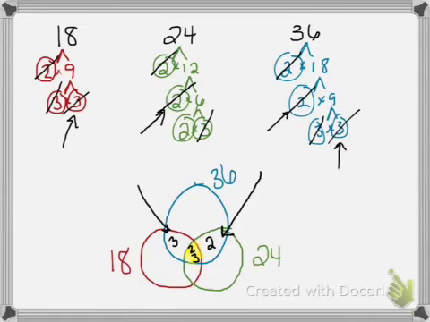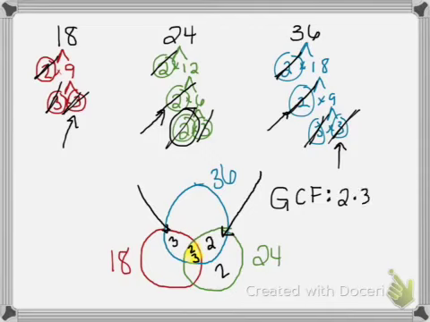And I've crossed off all my prime factors for 18, all my prime factors for 36, but 24 has a prime factor all to itself, so that just goes in this circle that belongs only to 24. Because we have put all our prime factors into our Venn diagram, we can figure out our GCF. Our GCF is 2 times 3, because that's the only section shared by all 3 circles.